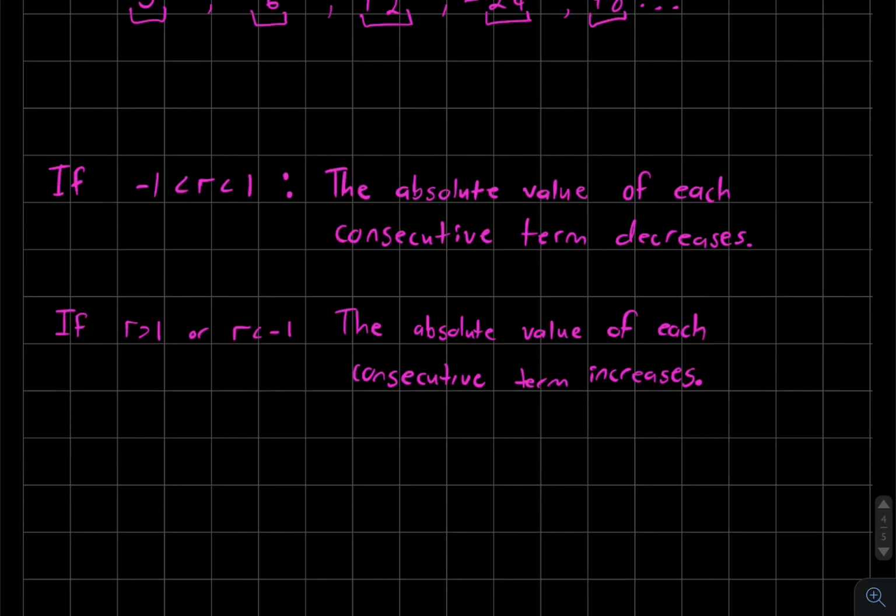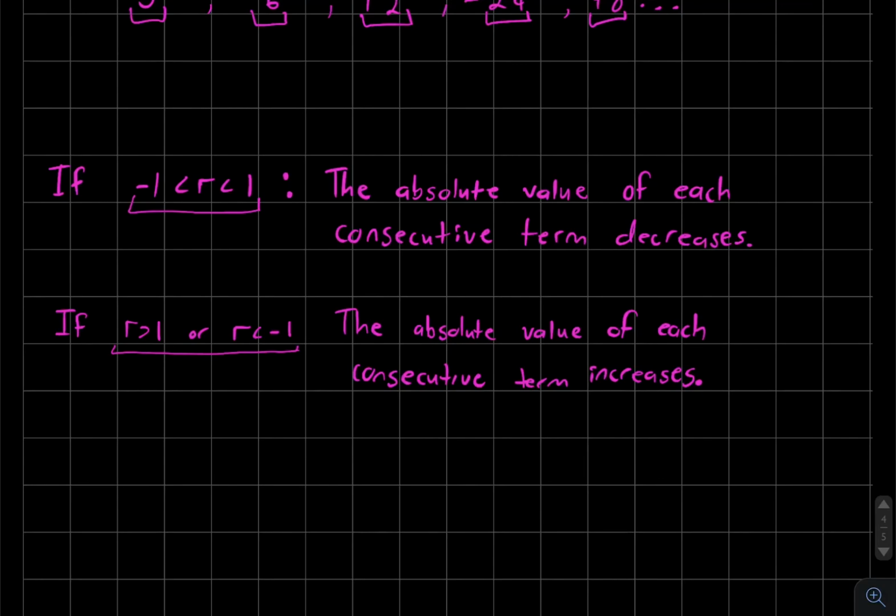Okay, so those are the properties of the common ratio. When the common ratio is between -1 and 1, the absolute value of each term decreases. All of the terms are getting smaller and smaller in size. That's if you ignore the negative signs, if there are any. Then, if r is greater than 1 or less than -1, the absolute value of each consecutive term increases.